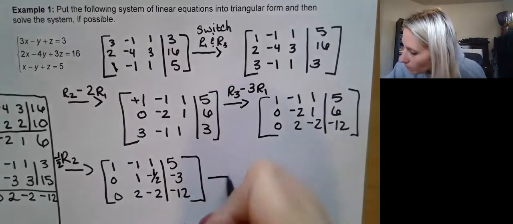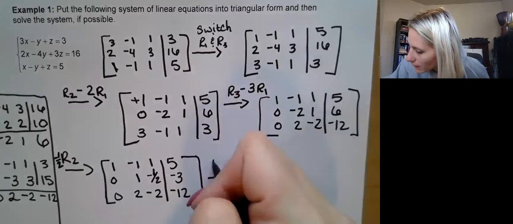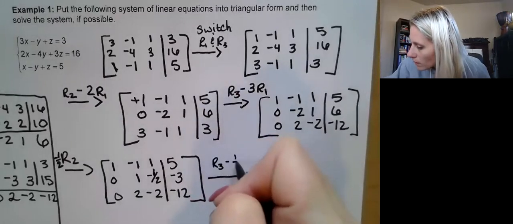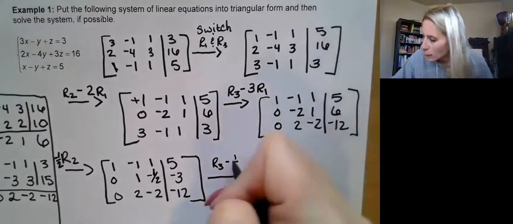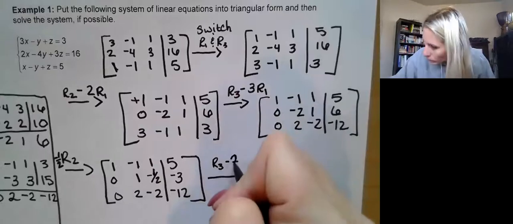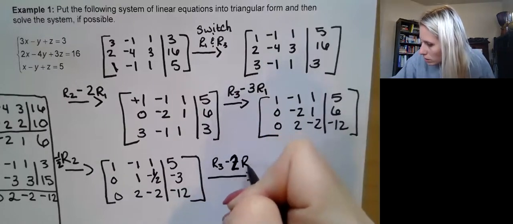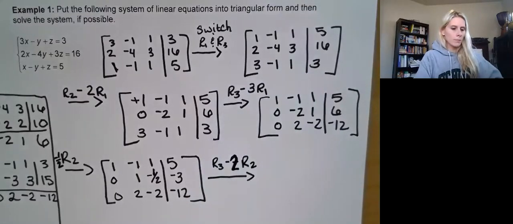Okay, so I need to get this to be 0. So what I'm going to do is take row 3 and subtract 2 of row 2 because I need to double it to make it work.